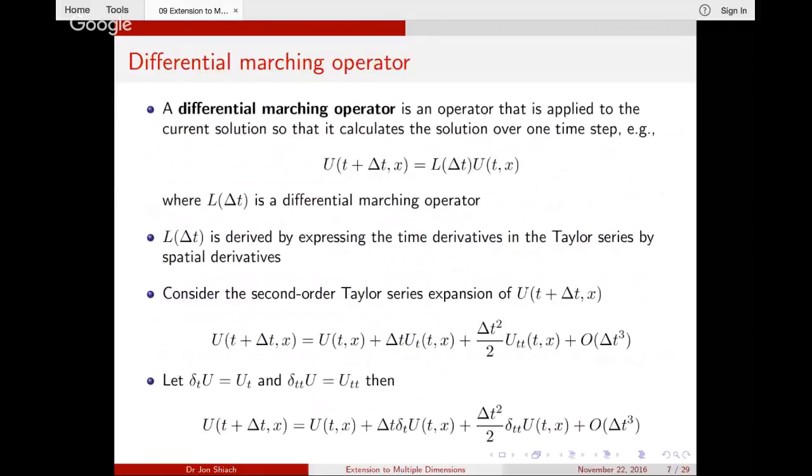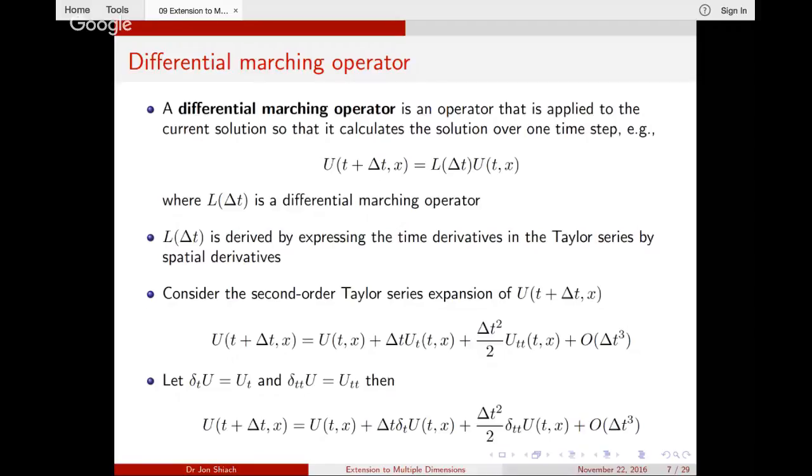We're going to be using a slightly different notation for this chapter, and we're going to be deriving what's called a differential marching operator. Sounds a bit posh, it's not really, it's quite simple. If you think about a time marching scheme, you've got the solution at the current time, and you use your finite difference scheme to get the solution at the next time step.